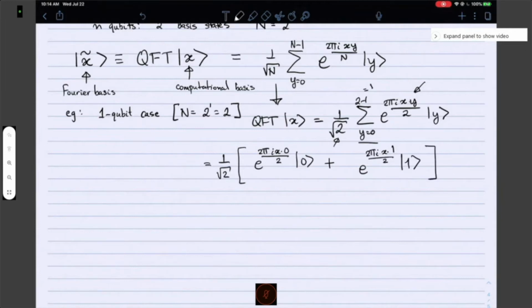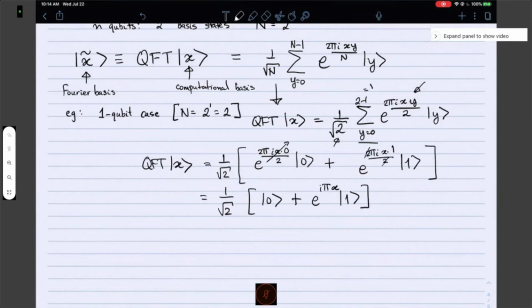That's it. QFT of x is exactly that. So this one goes away, so that's just 1. And here I can cancel out the 2's and write this down to be 1 over square root of 2 of just 0 plus e to the i pi times x, 1.